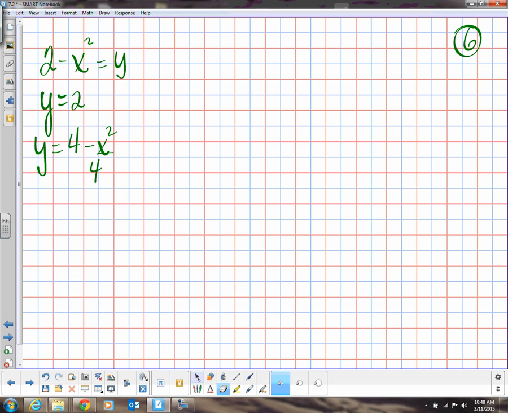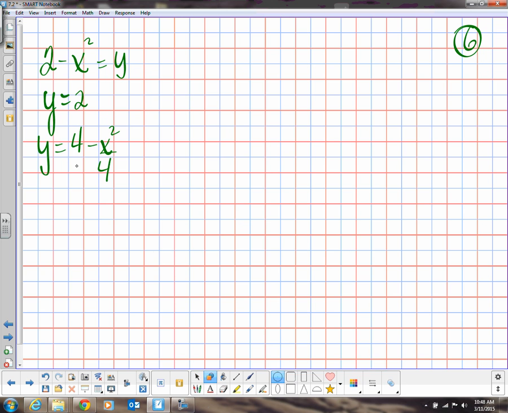Now, you all looked at the graph and made assumptions, didn't you? You assumed that the points of intersection were 3. But look what happens.